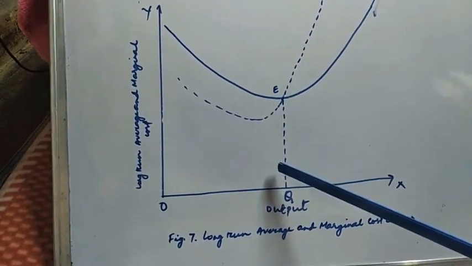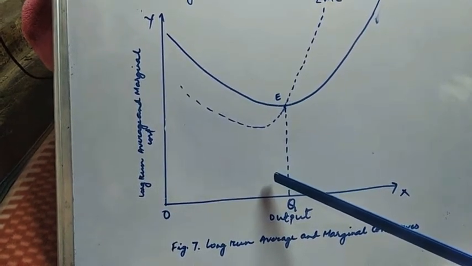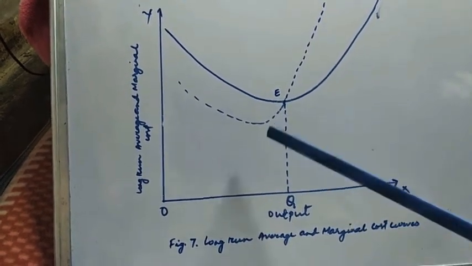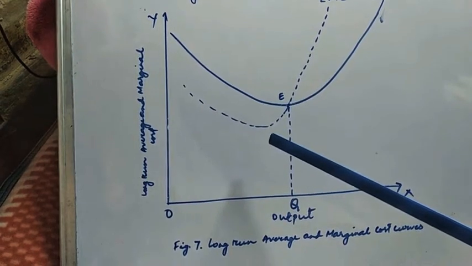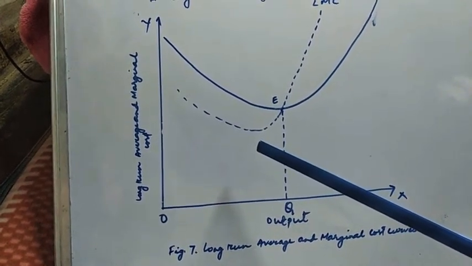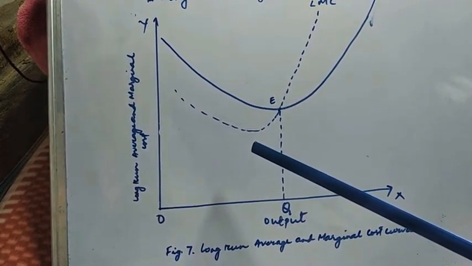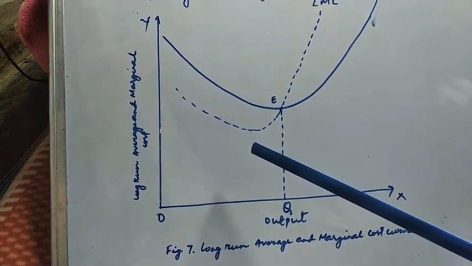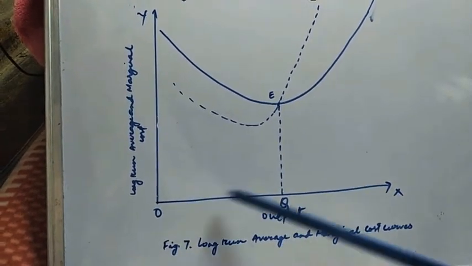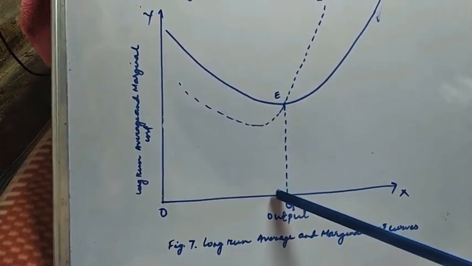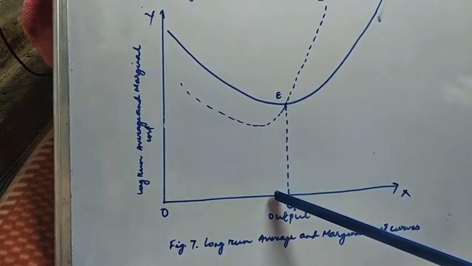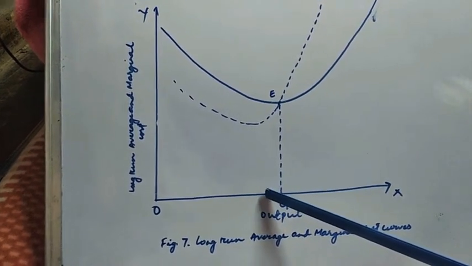It is the minimum long run average cost. So a firm which produces at the minimum point of the long run average cost curve, that is output level OQ, is called the optimum firm.